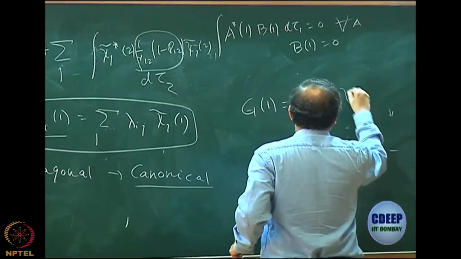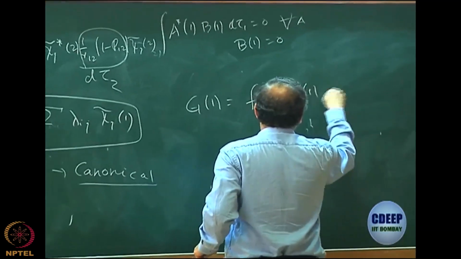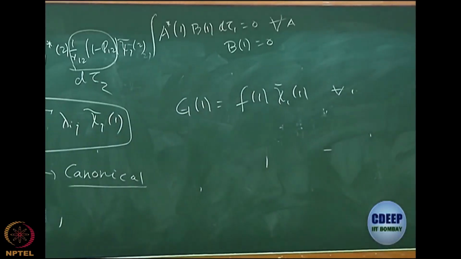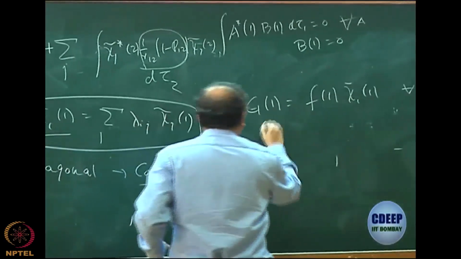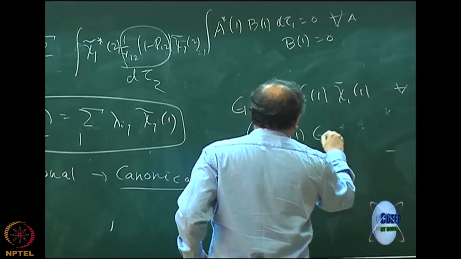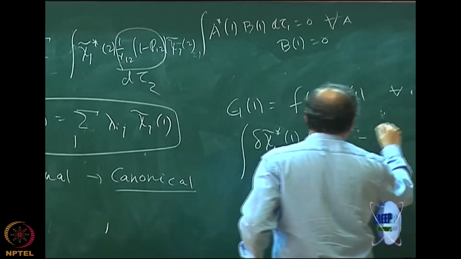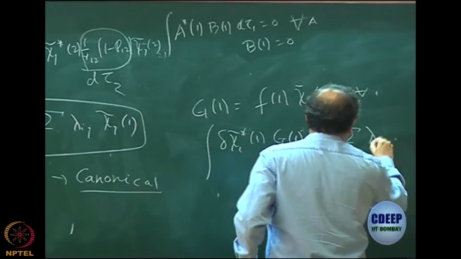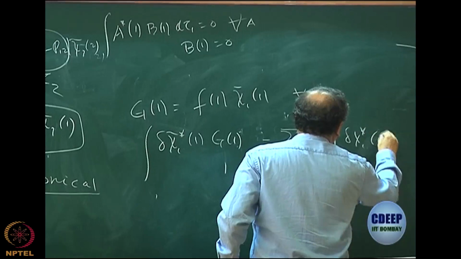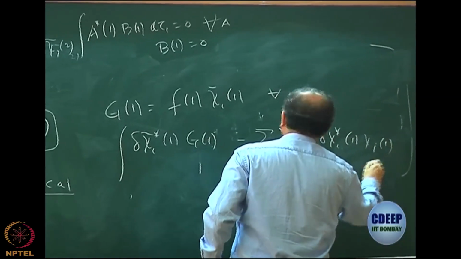It is the operator f of i acting on chi tilde 1 for each i. So g of 1 will keep changing. My final equation was delta chi star 1 g of 1 minus sum over j lambda ij delta chi star 1 chi j 1. This is my original form.